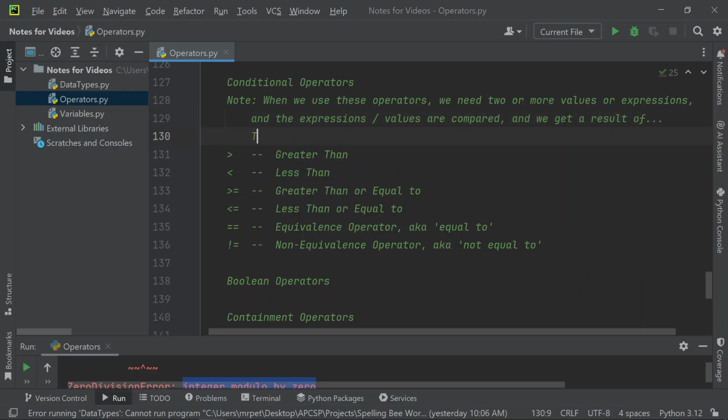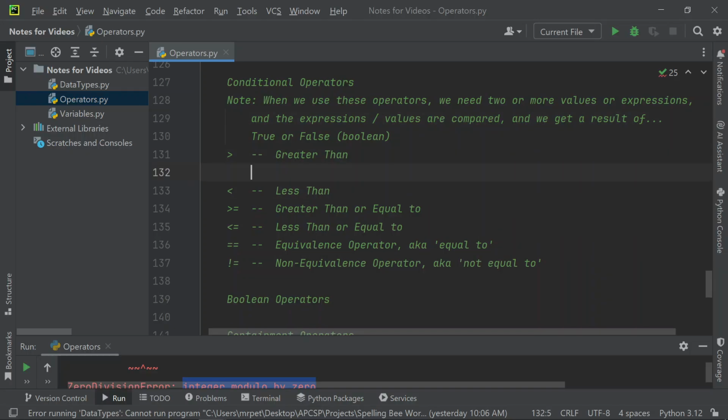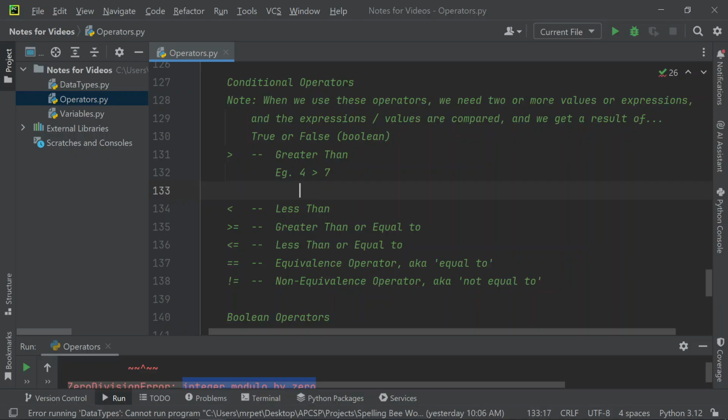Well, we get a result of true or false, which we call Boolean. This is one of our data types, true or false. So, for example, if we say, is 4 greater than 7, this is false. So this entire thing here, this conditional expression, evaluates to false.